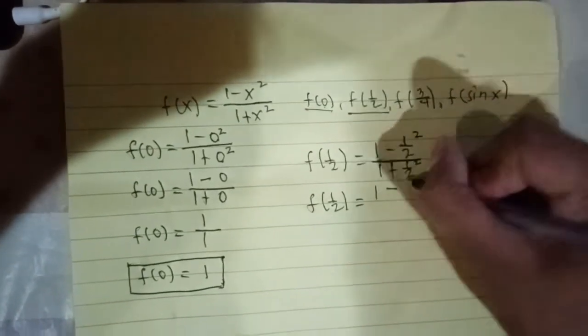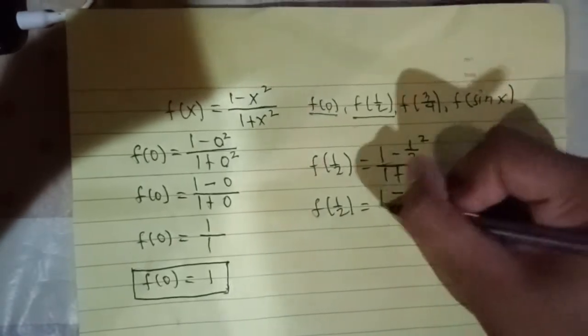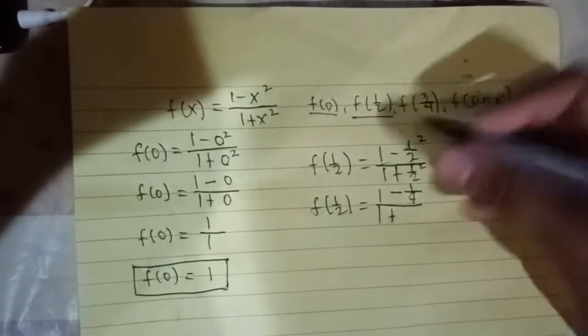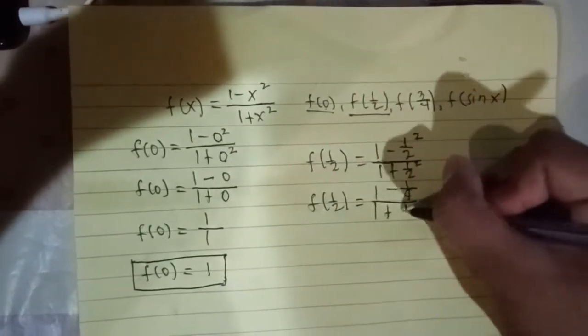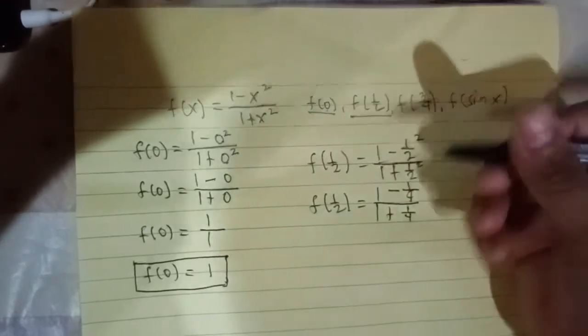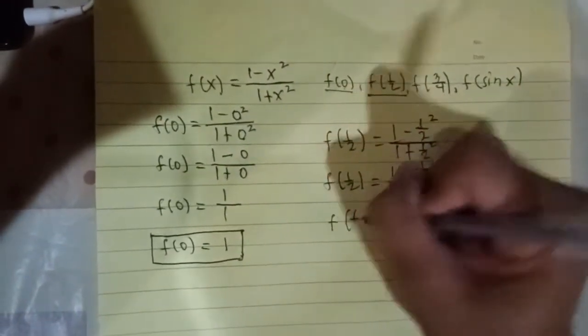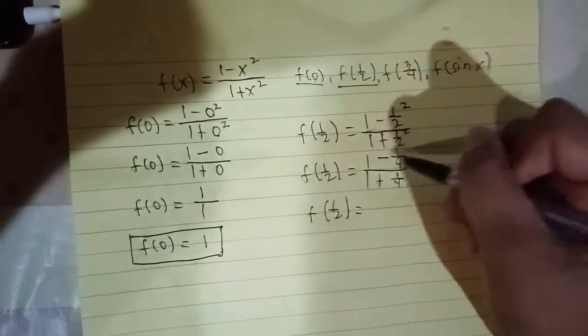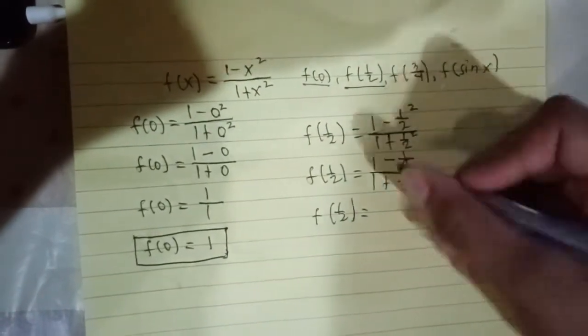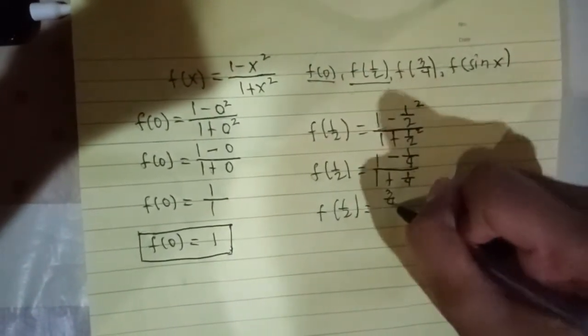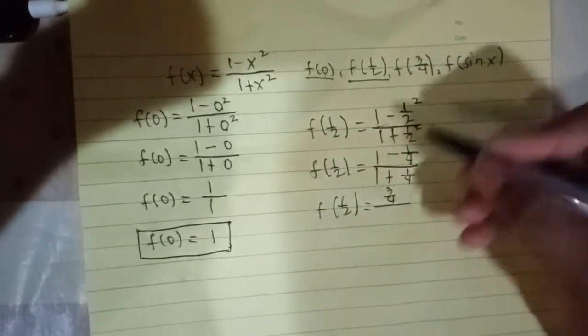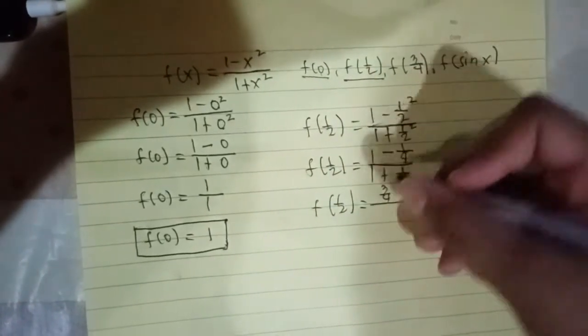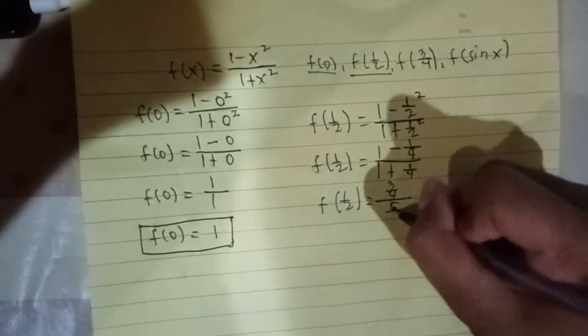So 1 times 1 is 1 over 2 times 2 is 4 over 1 plus, distribute again, 1 over 2 times 2 is 4. So f of 1 half is equal to 1 minus 1/4 is equal to 3/4. You can just use a calculator to make it easier. Over 1 plus 1/4 is equal to 5 over 4.